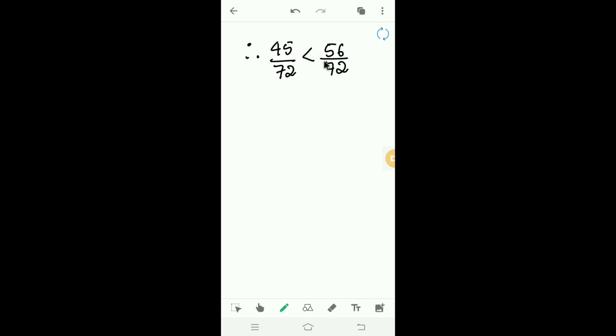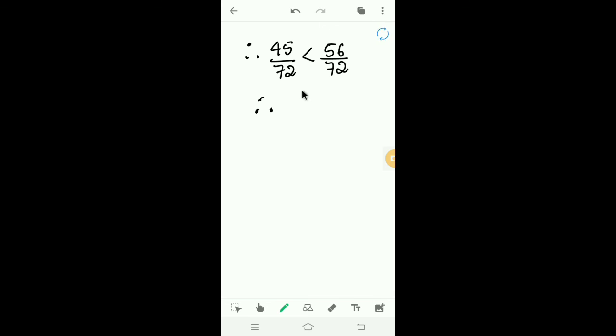Here both the fractions are like fractions. So here we have to see the numerators. Here 45 is smaller than 56. So 45 by 72 is smaller than 56 by 72.